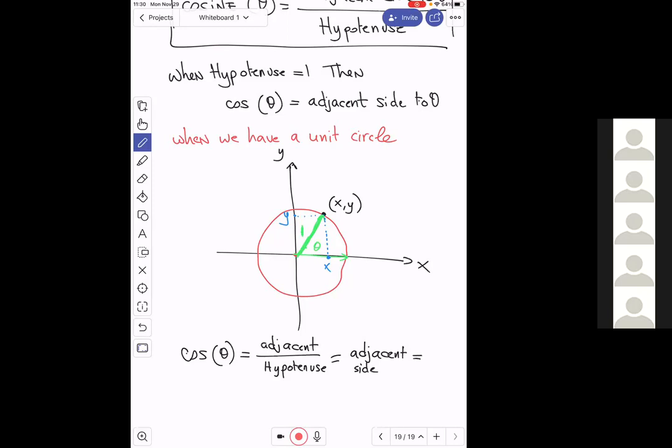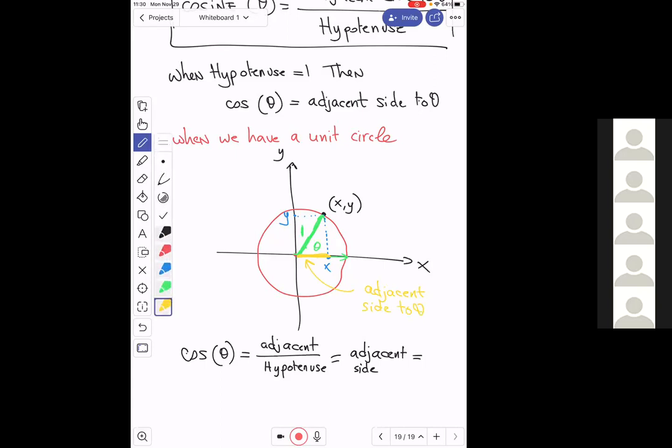Now, what's the length of the adjacent side? The adjacent side in your right triangle would be this side. This is the adjacent side to the angle theta, right? Now, what's the length of this adjacent side?